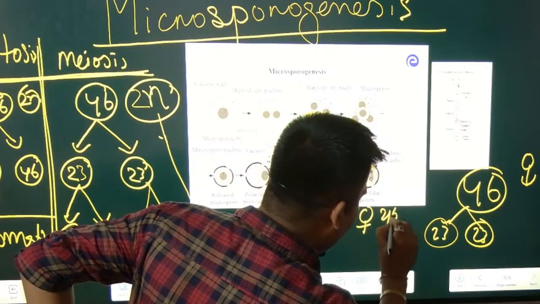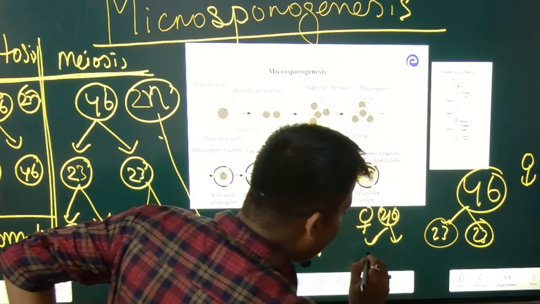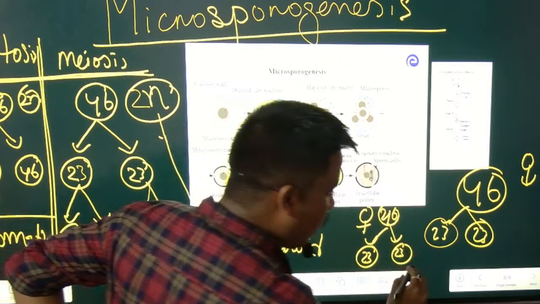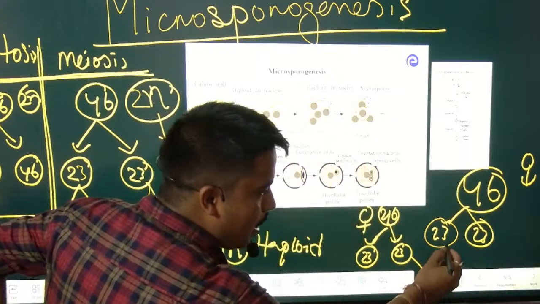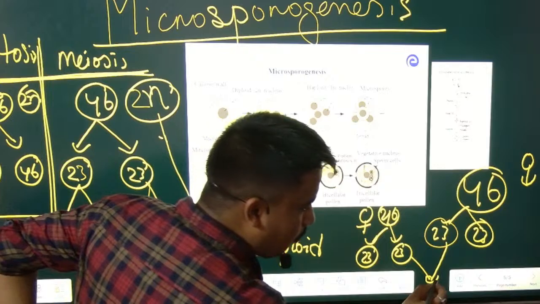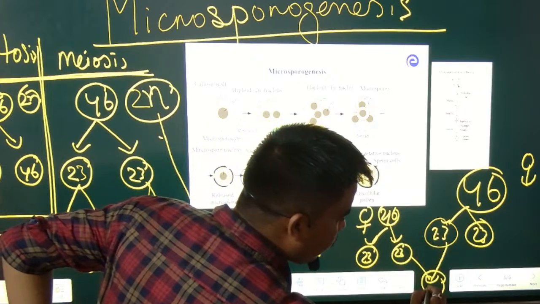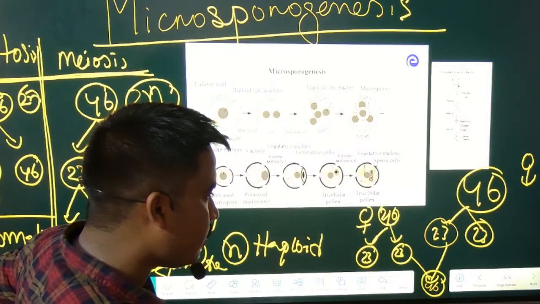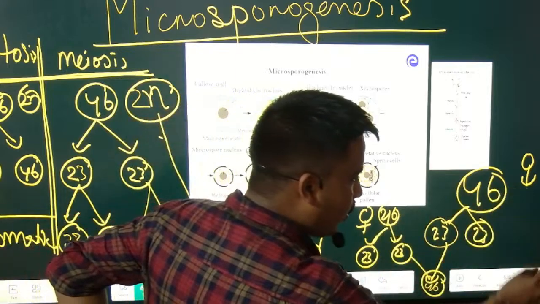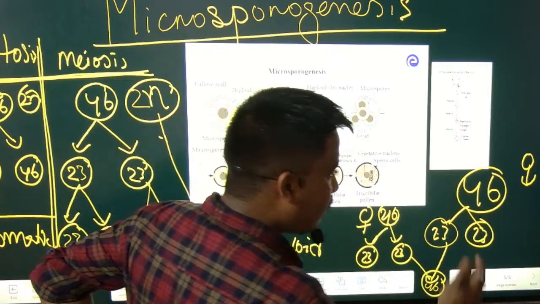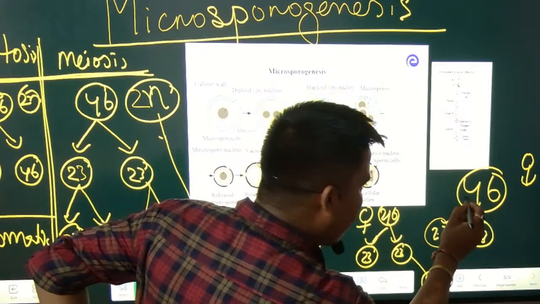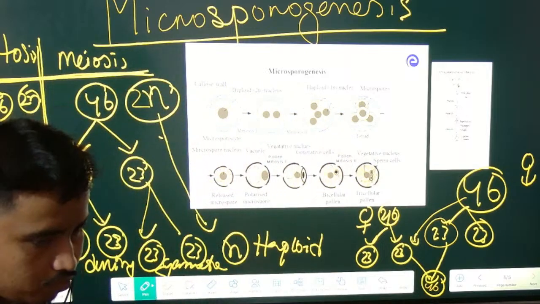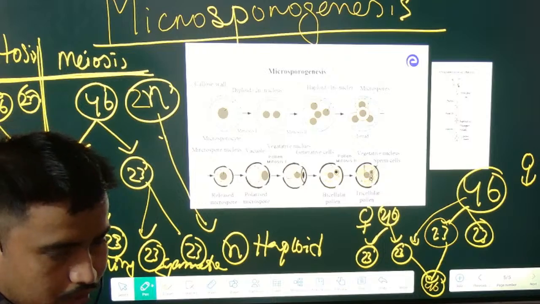So the chromosome set of gametes is 23. When the egg is fertilized by the sperm, it will produce 23 plus 23, which is 46. But by any chance, if the chromosome number is not reduced, or meiosis is skipped, 46 plus 23 will create such a number of chromosomes that a human cannot be formed.